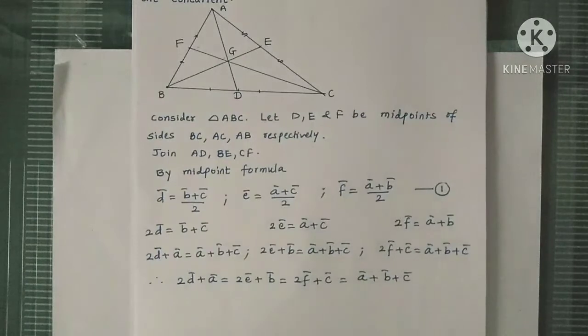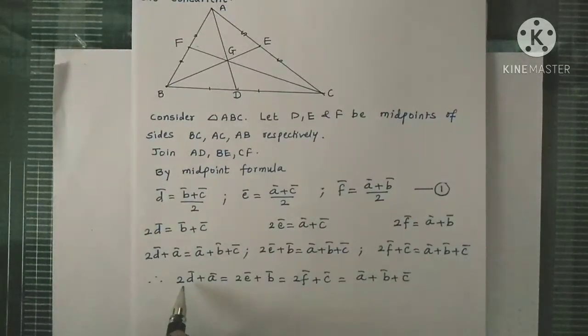Okay. Now in the section formula, we know that R bar is M B bar plus N A bar upon M plus N. So in the denominator we have the sum of the coefficients of A bar and B bar. So everywhere here the coefficients sum is 2 plus 1, 3. Here also it is 3 and here also it is 3.